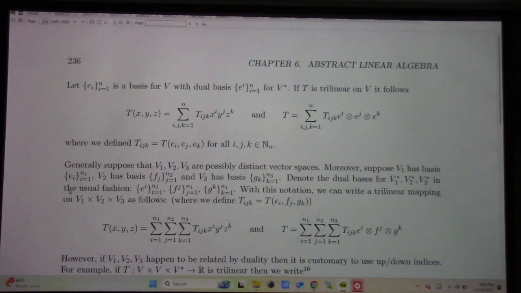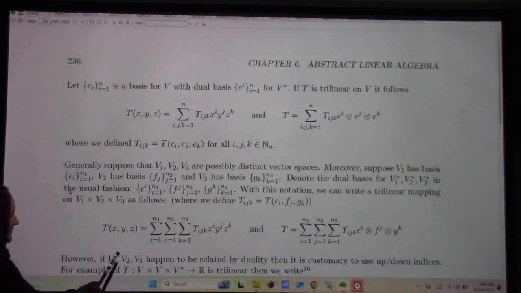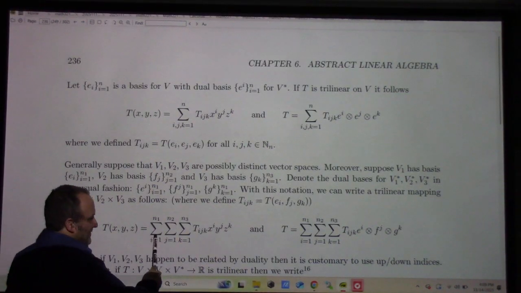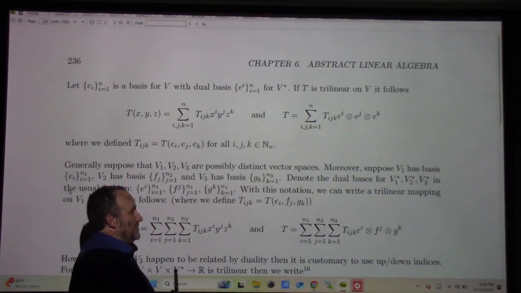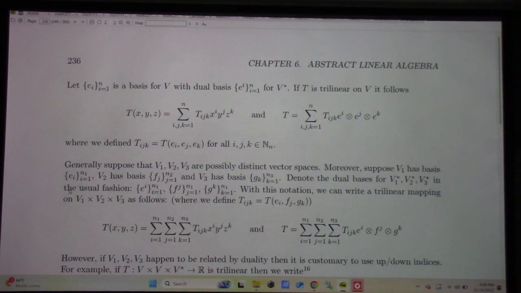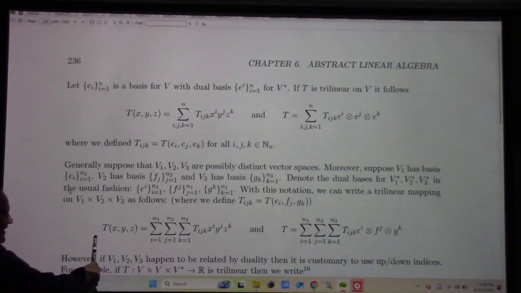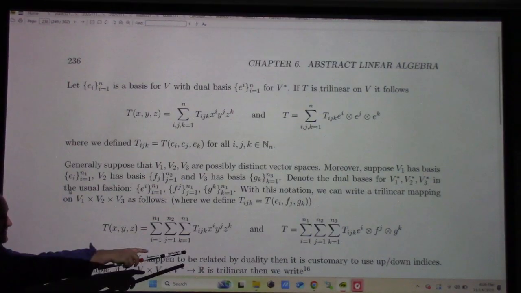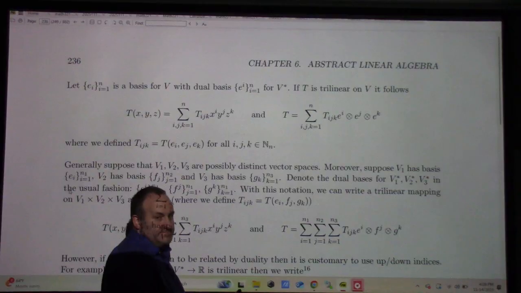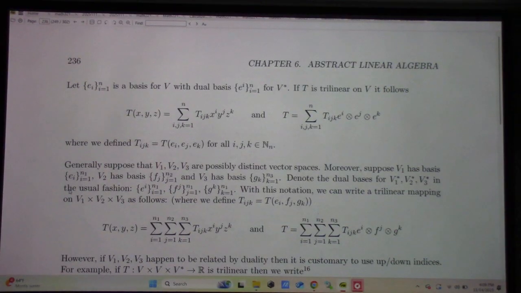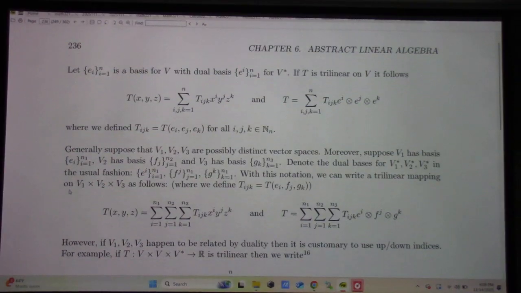And here's some other example formulas. This one I'm doing in the case that it has, I think, 3 different... this is how T acts, right? And here I'm building T from a sum of tensors of the dual bases, all right? But it's just like what we did today, just with 3 things rather than 2 things.